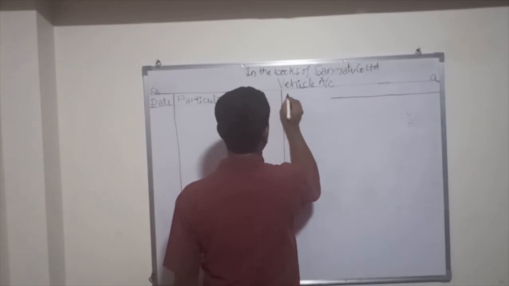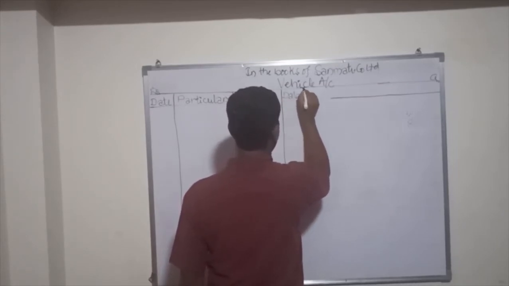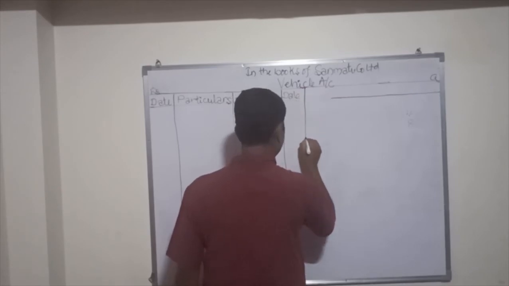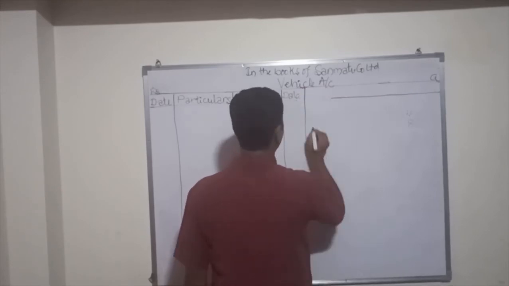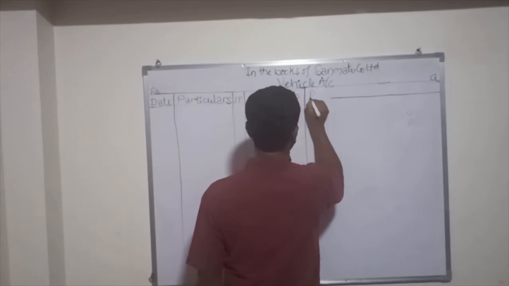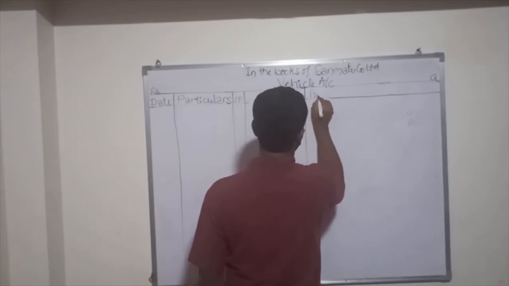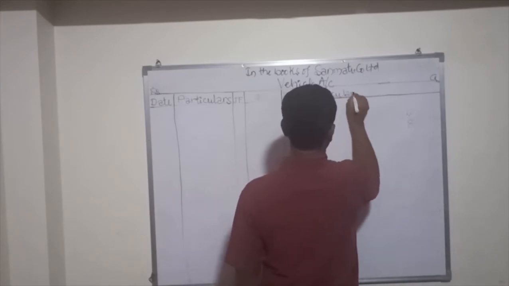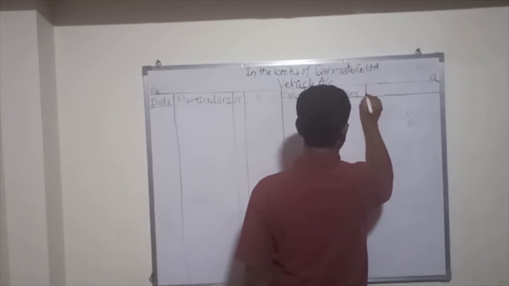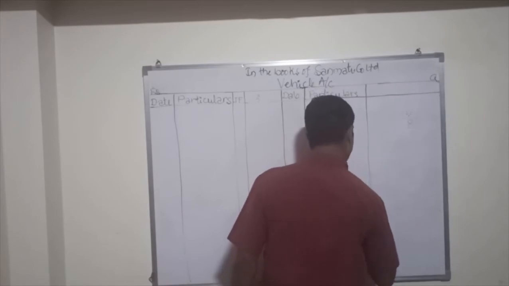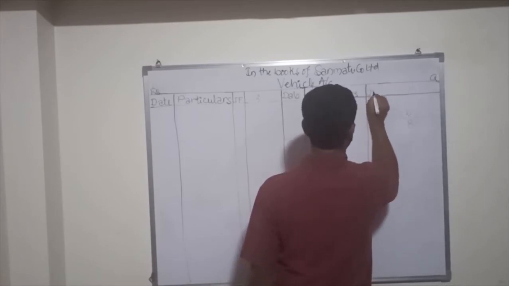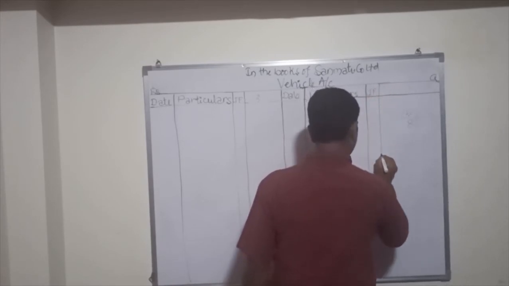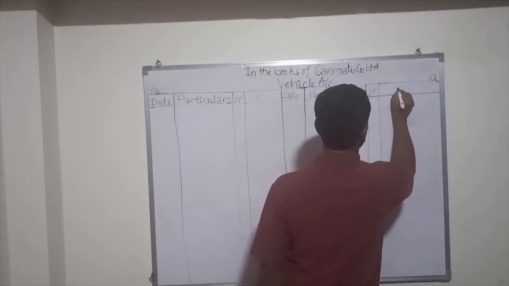Then here is date, then particulars, JF, this is amount column.